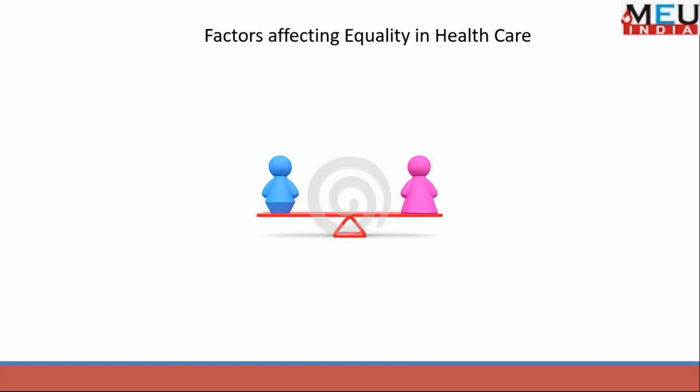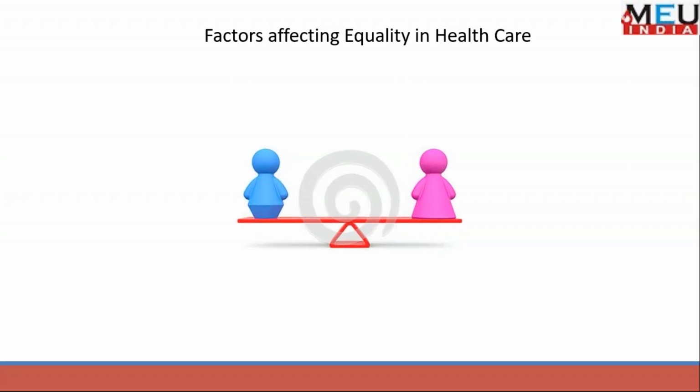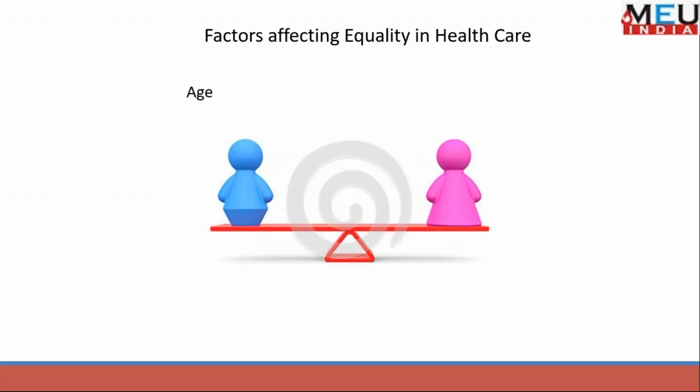Generally, the factors affecting equality in healthcare are usually age. When we have resources, do we distribute them among all ages equally, or do we favor some groups more than others? Gender. There are many resources, especially in the state of Tamil Nadu, with the ex-Chief Minister Jayalalitha. She had allocated a lot of funds for women and children.